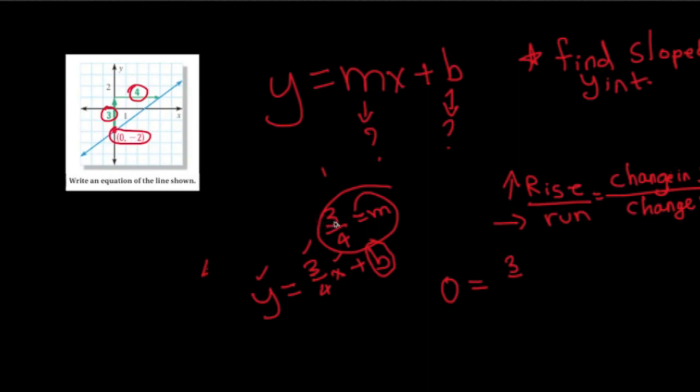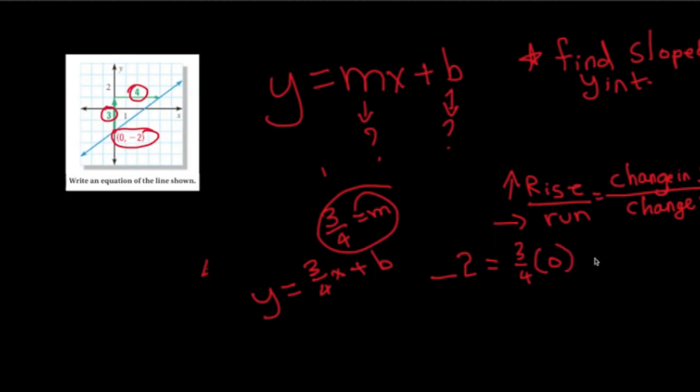It's the other way around. Let's rewrite that. Our -2 is y, so -2 is equal to 3/4 times 0 plus b. And when we've got a 0 as our x, it's very convenient because these two terms are eliminated, and -2 is our b.